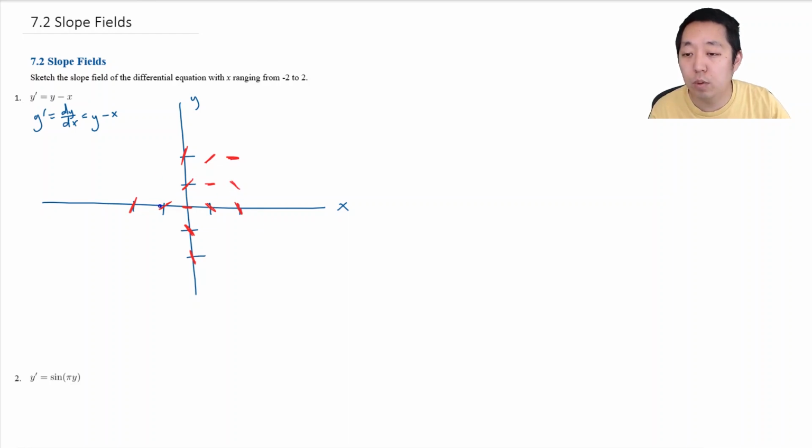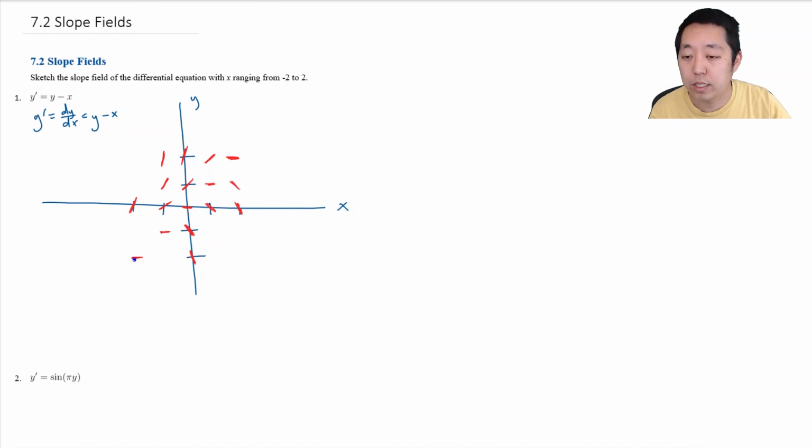And then -1, -1 would be 0. -1, +2, that's 2 plus 1, that's 3, so it's going to be super steep. Actually, this one, -1, +1, so that's actually 2 here. Like that. And then -1, -1, that's 0.